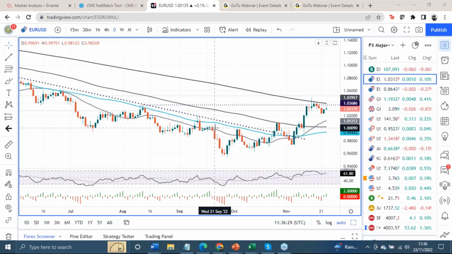Regarding the ECB and policy, the December meeting, mid-December, is not too far away, and it's increasingly likely that the bank steps down from the 75 basis point hikes to 50 basis point increases. Hawkish policymakers are really not doing too much to talk up a bigger move. So potentially a 50 basis point move in mid-December at the ECB meeting.